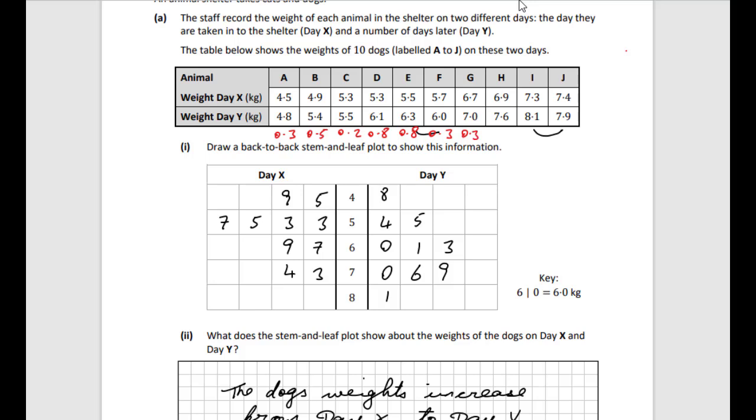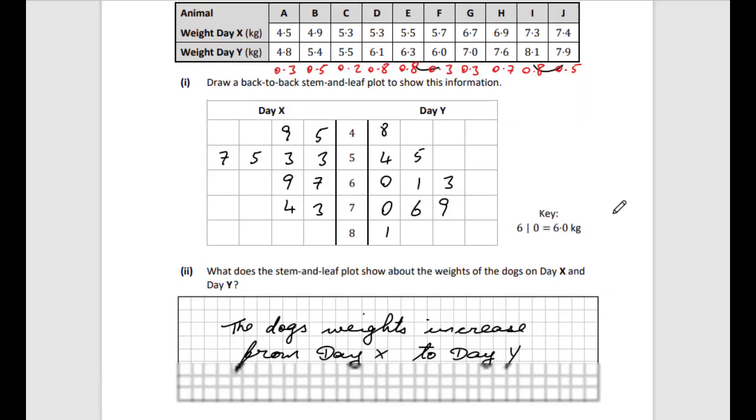This one increases by 0.7, this one increases by 0.8, and this one increases by 0.5. So you can see they all increase. And they all increase by not an absolutely consistent amount, but a reasonably consistent amount each time.